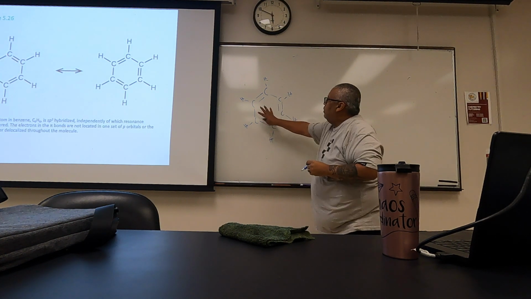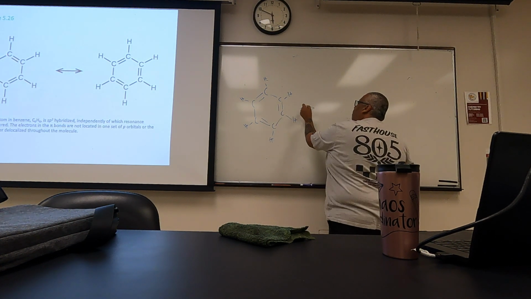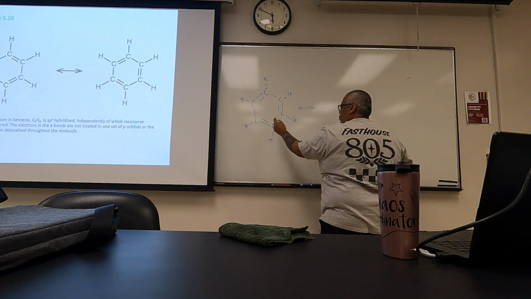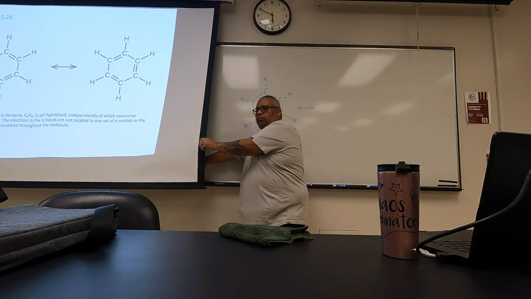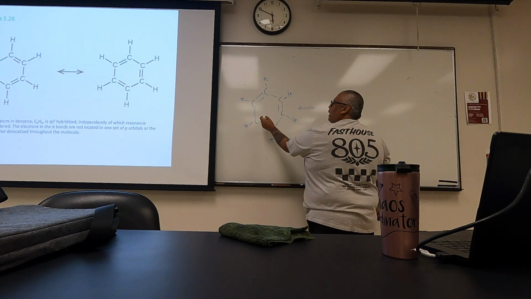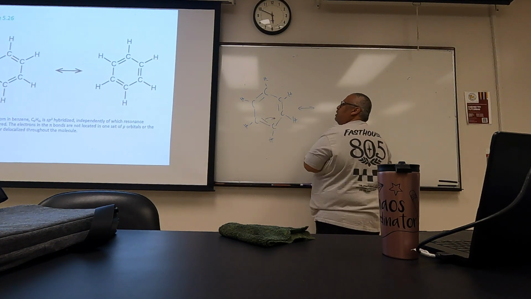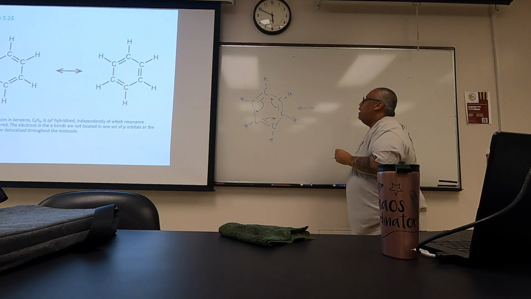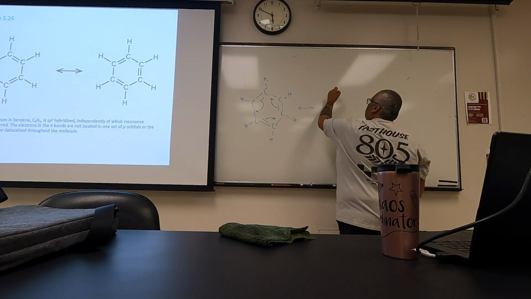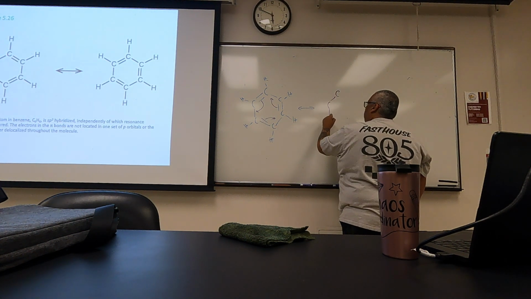So here we have this orientation, but what can happen is that this electron decides to move here, this one decides to move here, and it gives us a different orientation on those double bonds.